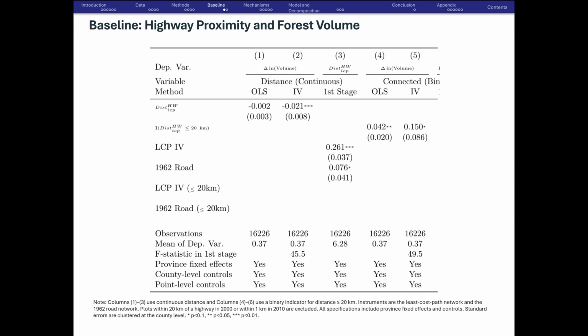We can see that both OLS and IV indicate, for the continuous variable, a negative coefficient, meaning the more distant, the less forest volume. Basically, reducing distance to highway increases forest volume. The second is that within a 20 kilometer zone, if there's a highway, then forest volume will be higher.